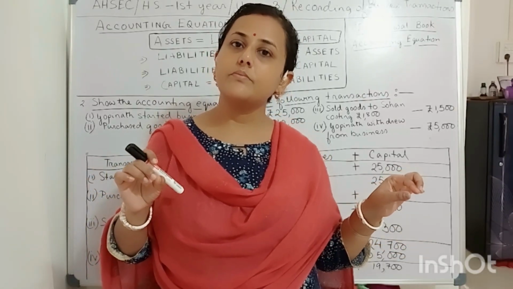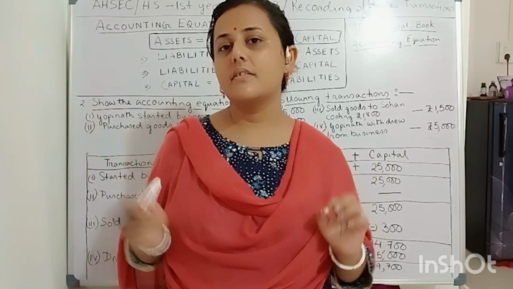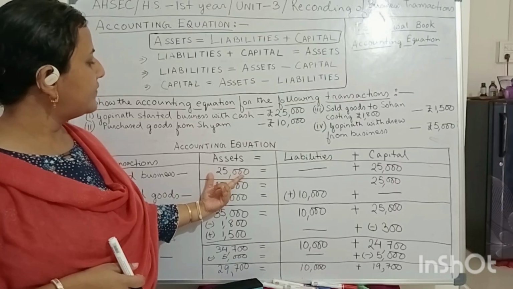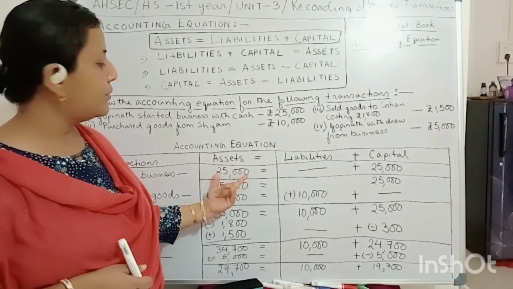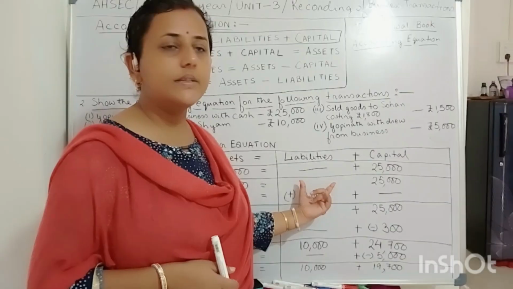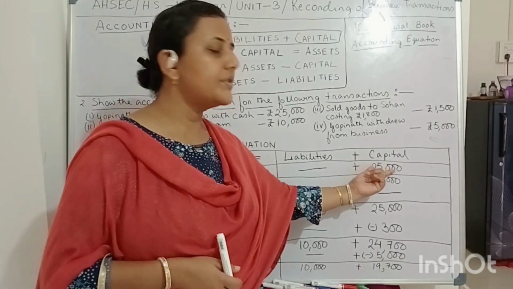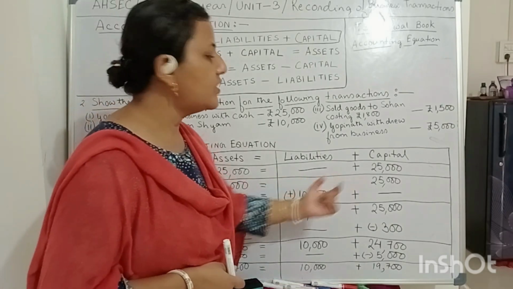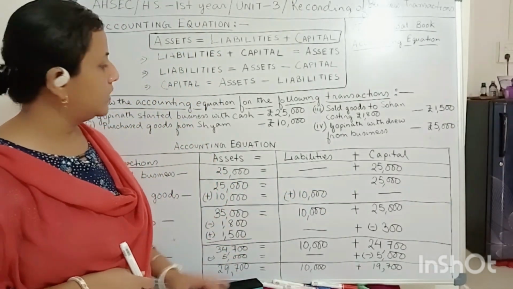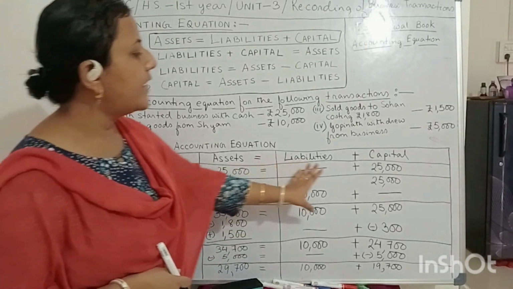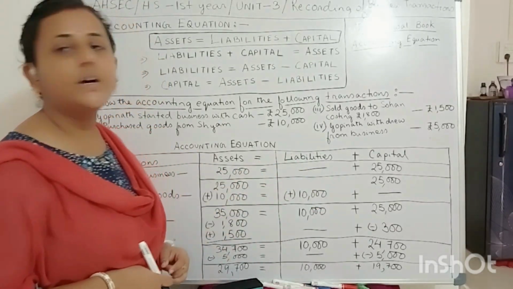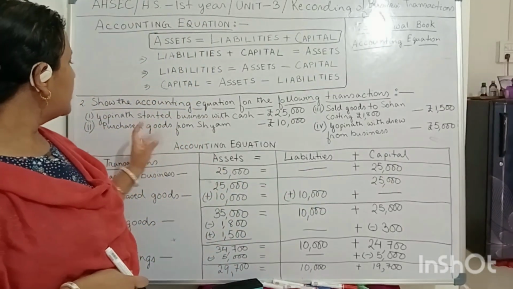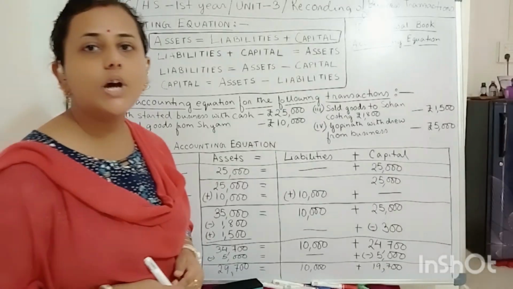So plus asset account, plus capital account. Started business 25,000. This is cash, plus 25,000. There are no liabilities. Capital also increases by 25,000. So on both sides you will find 25,000, equal. That means the left hand side and the right hand side of the equation must be equal. So here it is equal. The sum is correct.